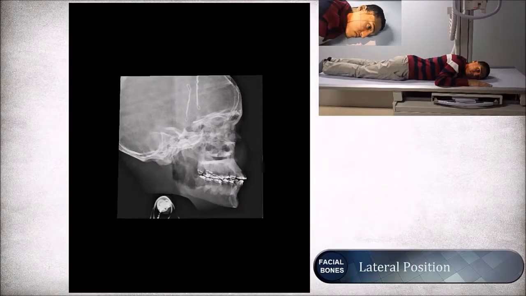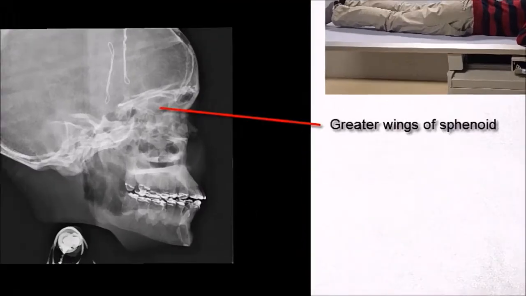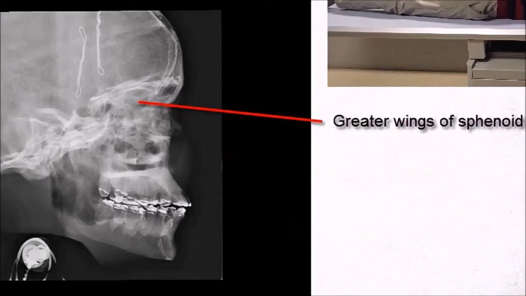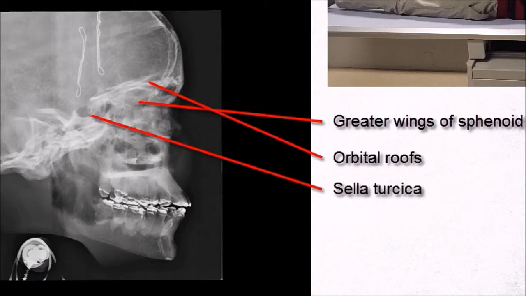Evaluation criteria. Anatomy demonstrated: superimposed facial bones, greater wings of the sphenoid, orbital roofs, sella turcica, zygoma, and mandible are demonstrated. An accurately positioned lateral image of the facial bones demonstrates no rotation or tilt.